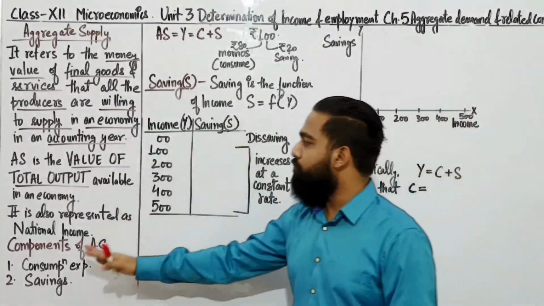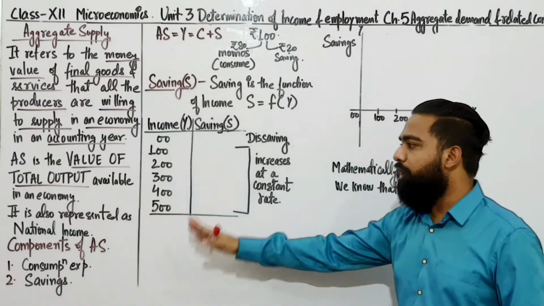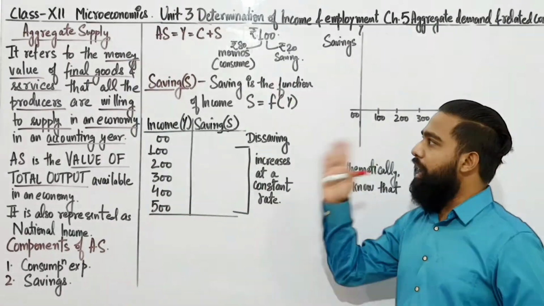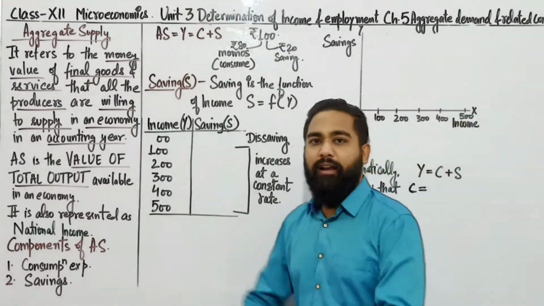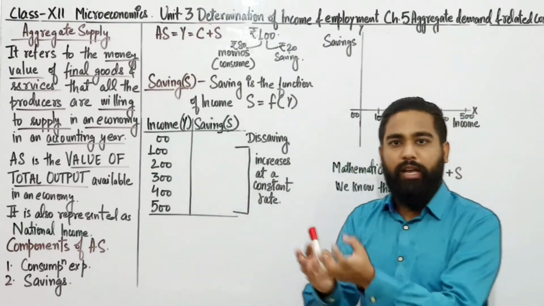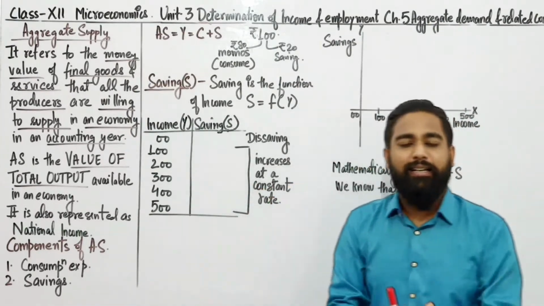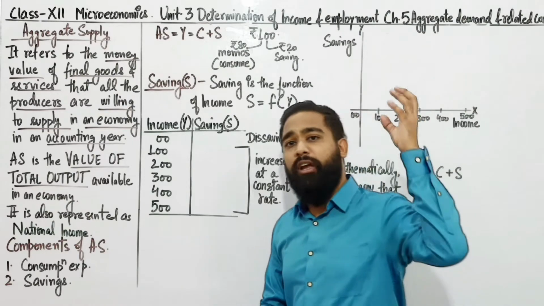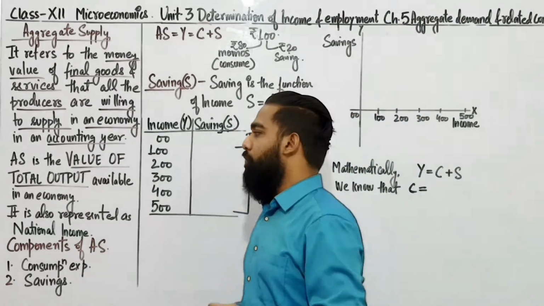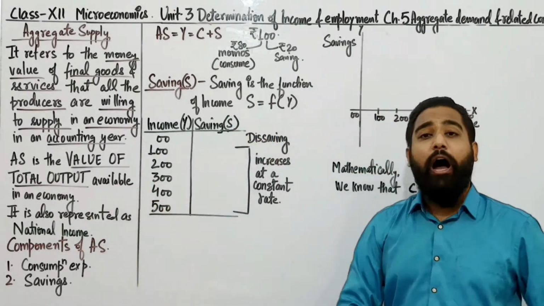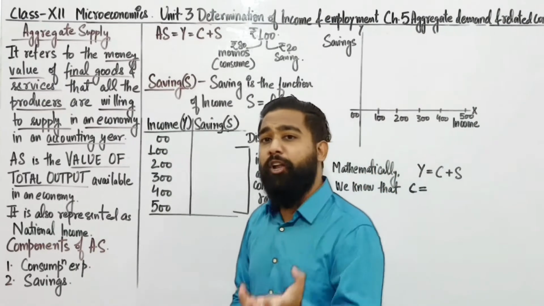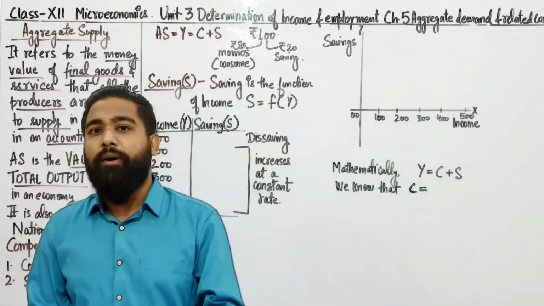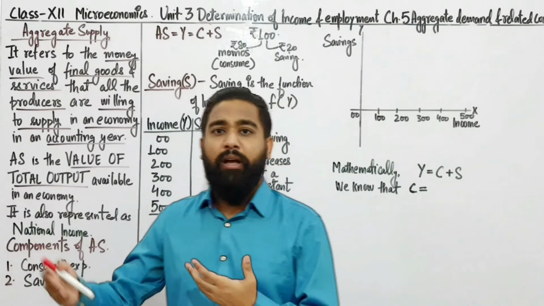So basically, it refers to the value of total output available in the economy. If you know the aggregate supply, then this tells us the total output in an economy. Now, this value of total output is distributed among several people.